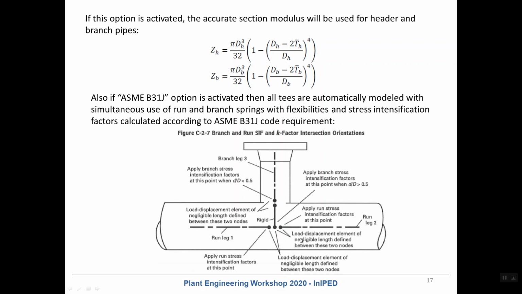And StarProf will automatically convert all the T's in your model to a more accurate model with a rigid element with length equal to half of the diameter of the header, and automatically add the flexibilities on the branch and flexibilities on the header.